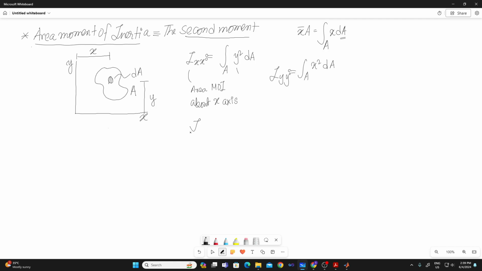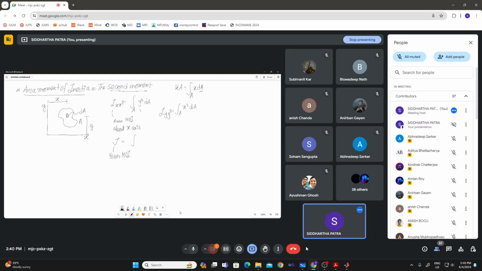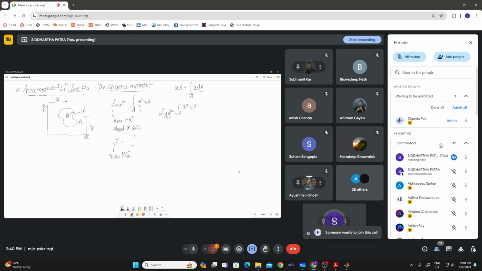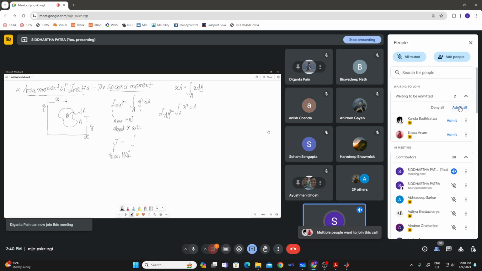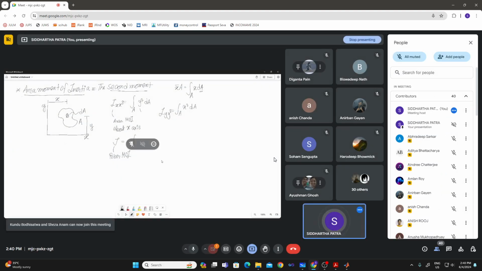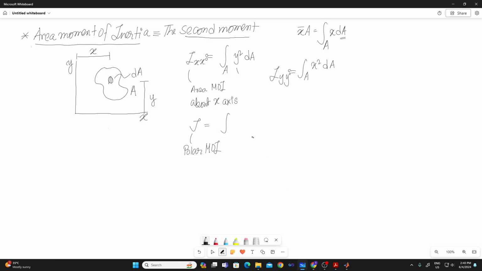In addition, there is something called the polar moment of inertia. Can you make a guess what this would look like? R square dr d theta. Yes, I mean you can define dA any which way you want. You can call the differential area as r d theta dr if you wish. That doesn't matter. So you need the differential area, but what you should be taking instead is this radial distance.